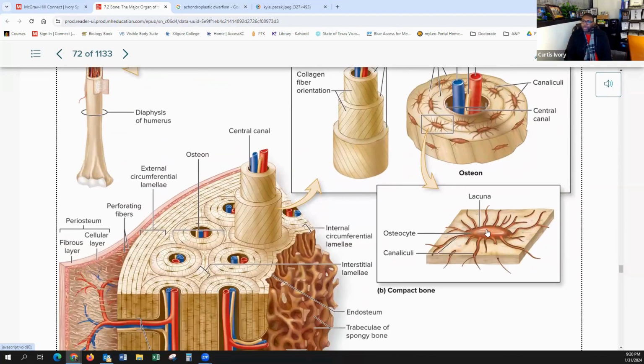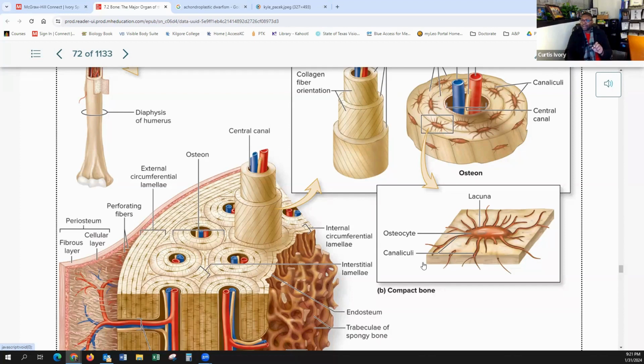But here we actually see how the osteocytes get kind of stuck and caught in the bone tissue. Remember how I said that they're releasing matrix and osteoid, and they kind of trap themselves inside the bone tissue. The canals that surround what I call their legs are called the canaliculi.